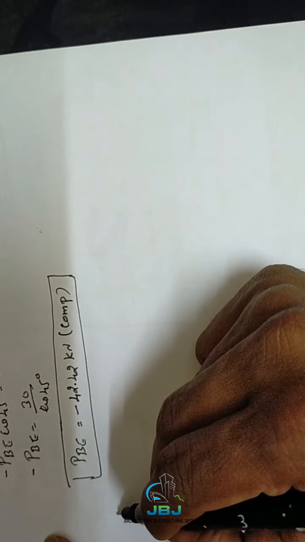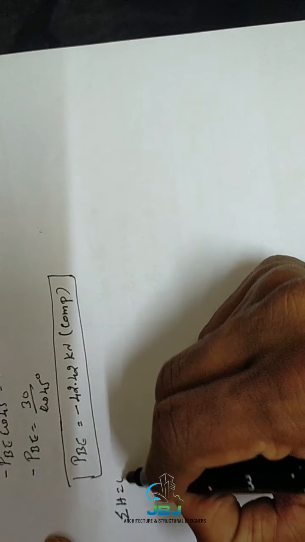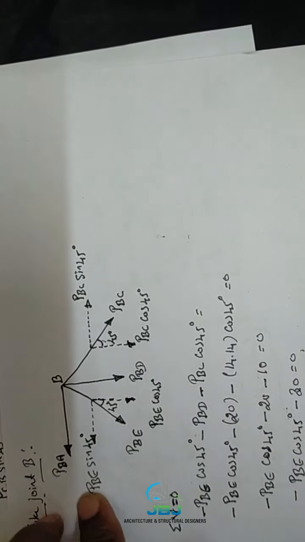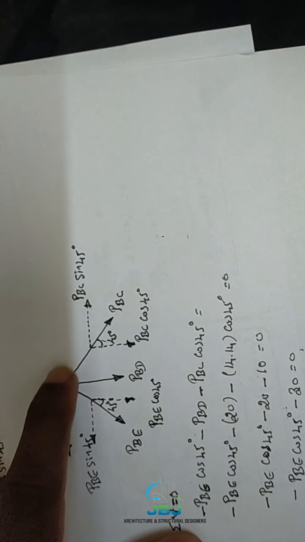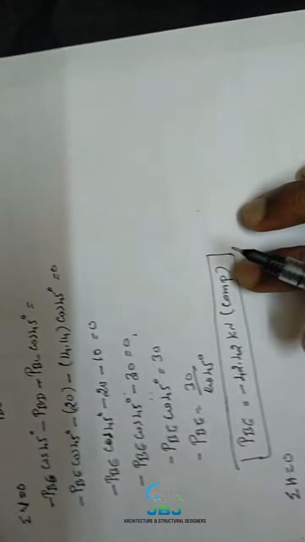Okay, then second. What's our next condition? Summation of horizontal components equal to 0. How many horizontal components are acting there? 1, 2, 3. I said before, better to start from one direction, maybe clockwise or anti-clockwise. Better to start from the anti-clockwise direction.